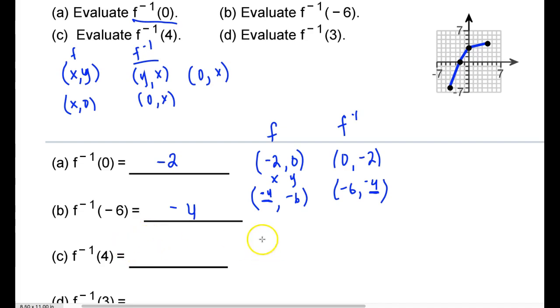Similarly speaking, same situation here. This literally is like saying, when y is 4, tell me what x is. Okay. So here, when y is 4, so we go 1, 2, 3, 4. When y is 4, what is x? That'll be this corresponding x value here, which is 1, 2, 3, 4.